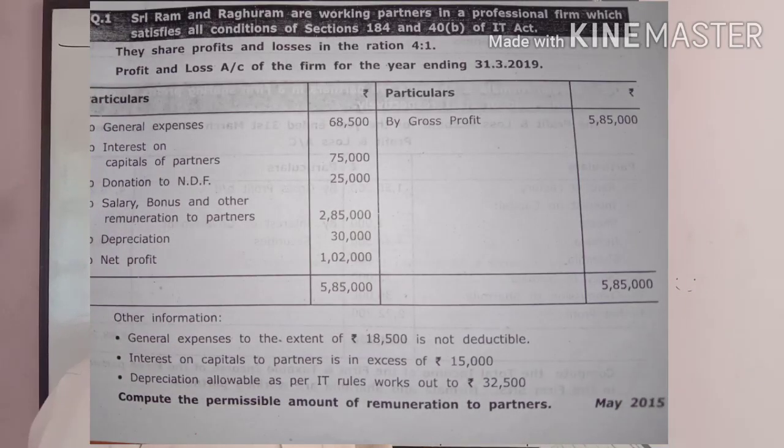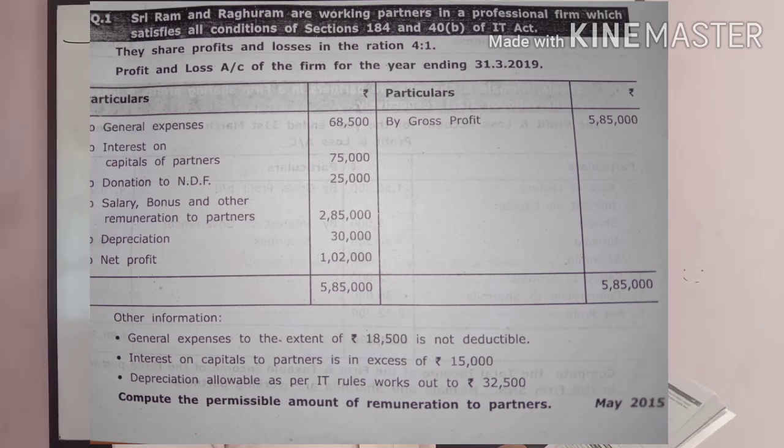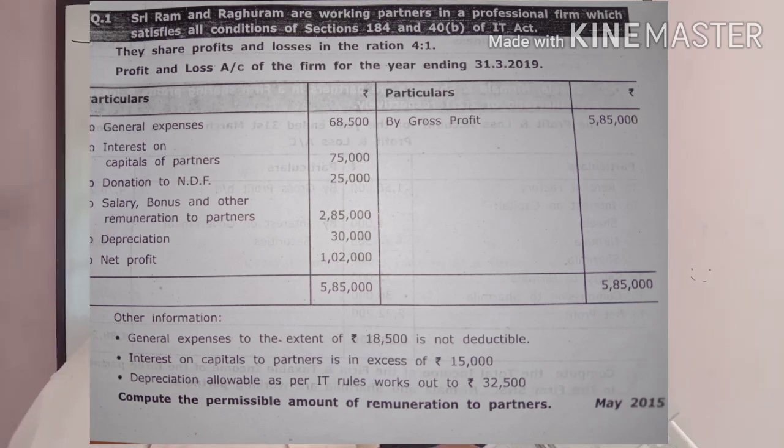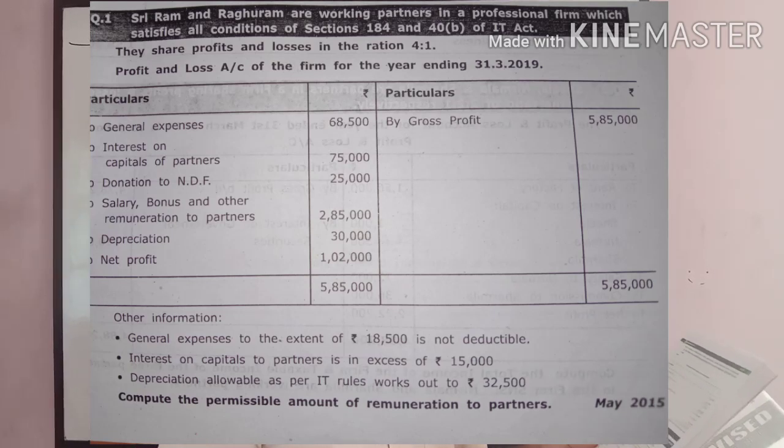Sri Ram and Raghuram are working partners in a professional firm which satisfies all conditions of sections 184 and 40B of the IT Act. They share profits and losses in the ratio of 4:1. The profit and loss account of the firm for the year ending 31/3/2019 is given.